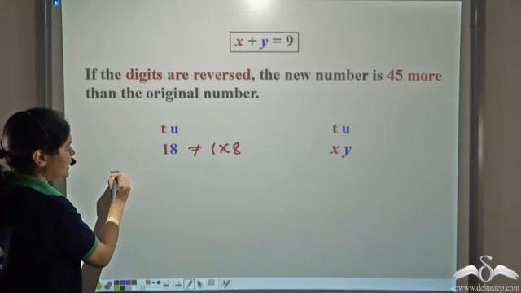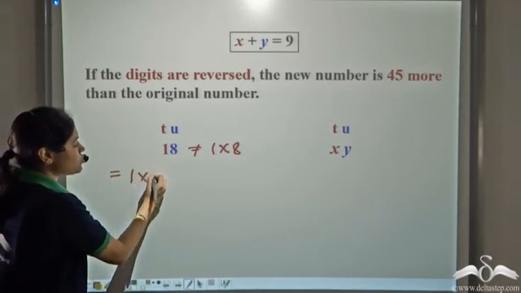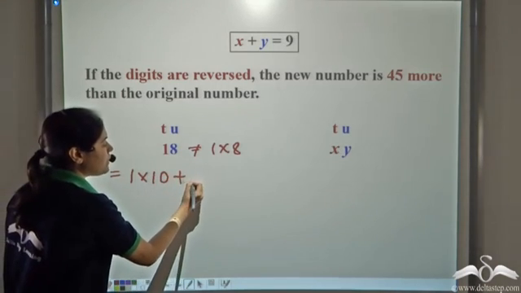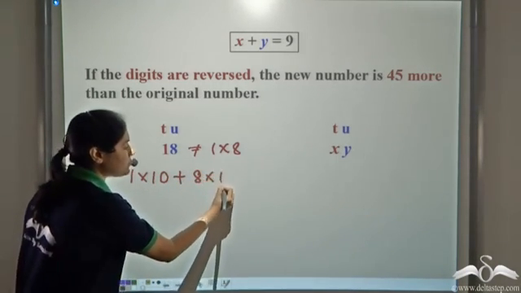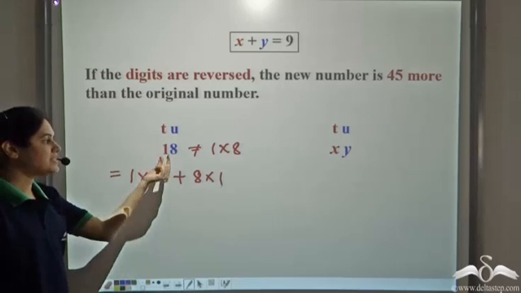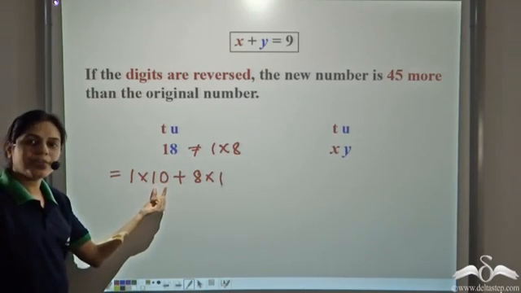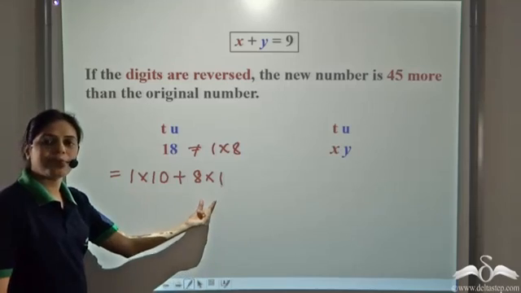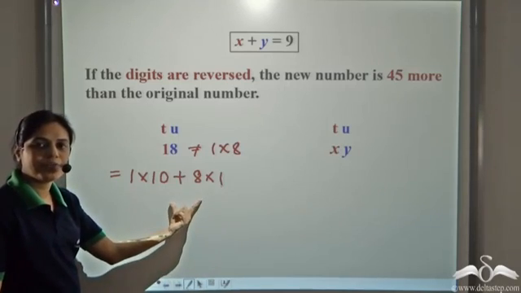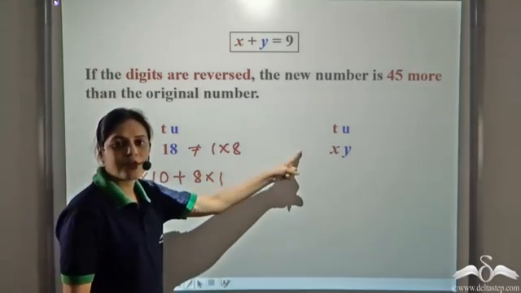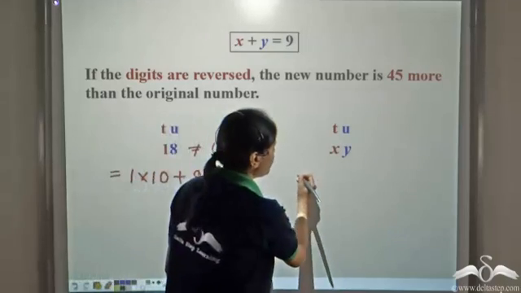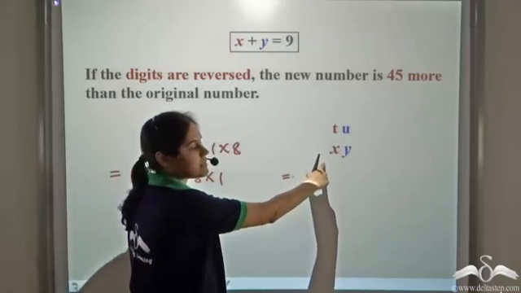Now we can write 18 as 1 into 10 plus 8 into 1. That is the digit which is the tens digit is multiplied by 10. Units digit is multiplied by 1 and both are added. So we can do a similar thing for this case. So the tens digit is x.